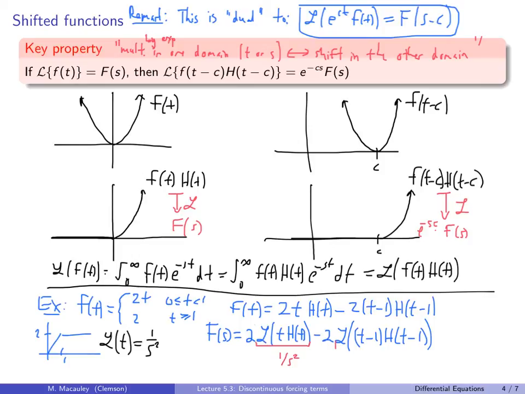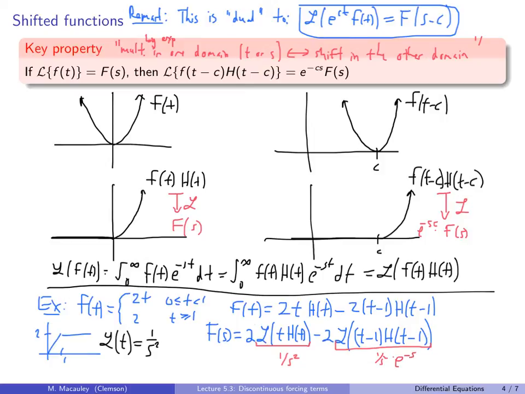And now what is this? This thing here is perfect for using this formula. This is a shift of this function by 1. So the Laplace transform of this is 1 over s squared, and we have to multiply by the exponential e to the negative cs. So times e to the negative cs.